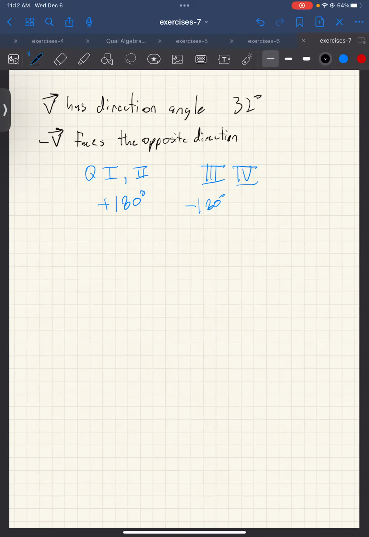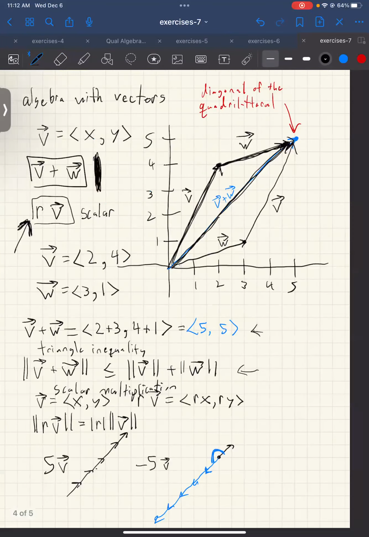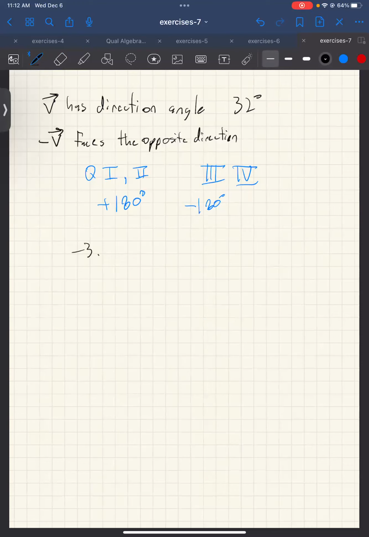And again, if nothing else, you can literally do -3, 5. If we do the negative of that, then we can just do 3, -5, and then ask ourselves, well, what quadrant does this now sit in? And then do tangent inverse and do that mess to get the quadrant. But if we didn't know exactly what the vector looked like, this is still good stuff that we want to talk about.